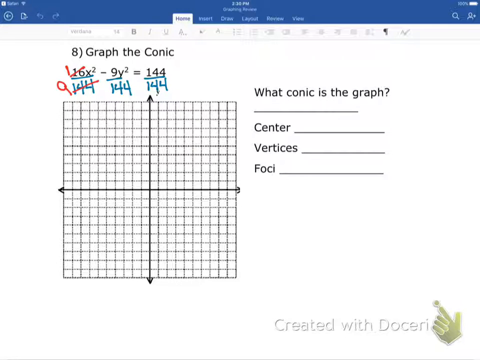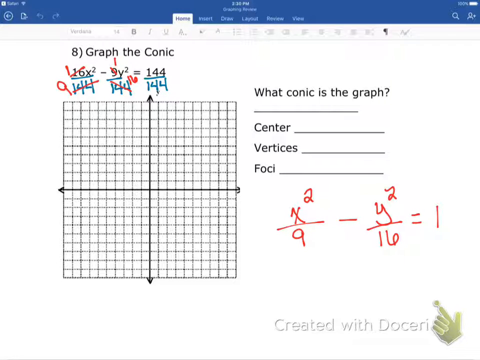So we are able to rewrite this as x squared over 9. Then 9 will go into both the 9 and the 144. 9 goes into 9 one time, and 9 goes into 144 16 times. So that is going to simplify to y squared over 16, and that is going to be equal to 1.